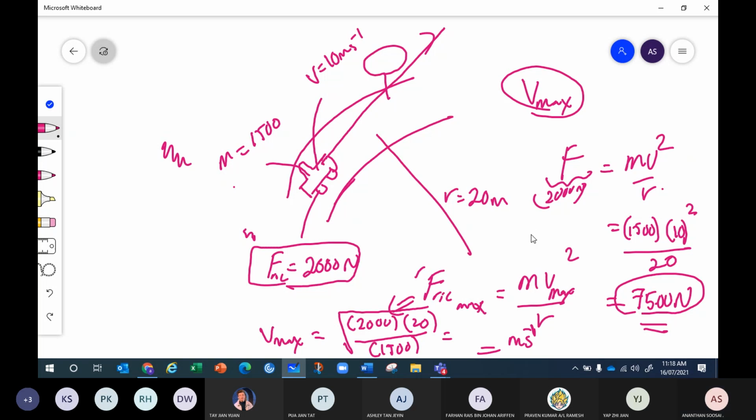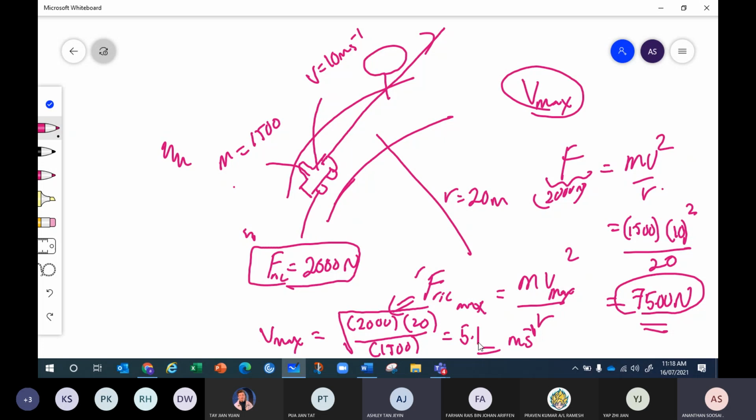Has anyone already got it? 2000 times 20 divided by 1500, square root. What is the answer? Calculate for me. Anyone? 5.16.